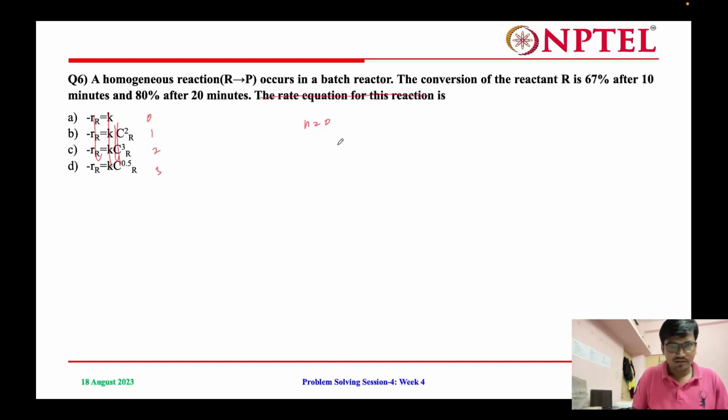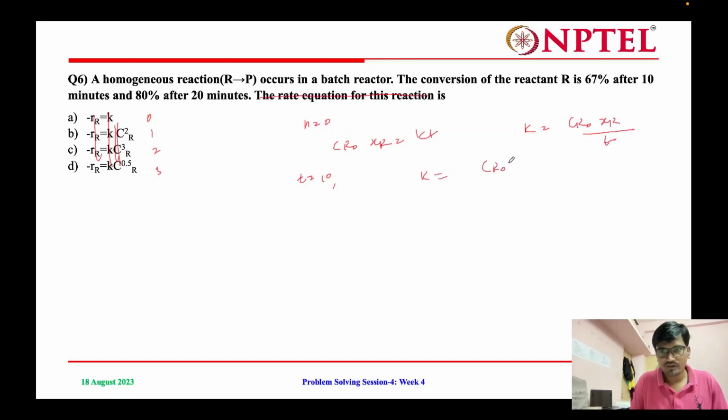the rate equation here is C A naught X R by t equal to k, right? So k is equal to C A naught X R by t. Now for t equal to 10 minutes, X is 0.67. So k equals C A naught into 0.67 divided by 10, that is 0.067 C A naught. Now check for 20 minutes.